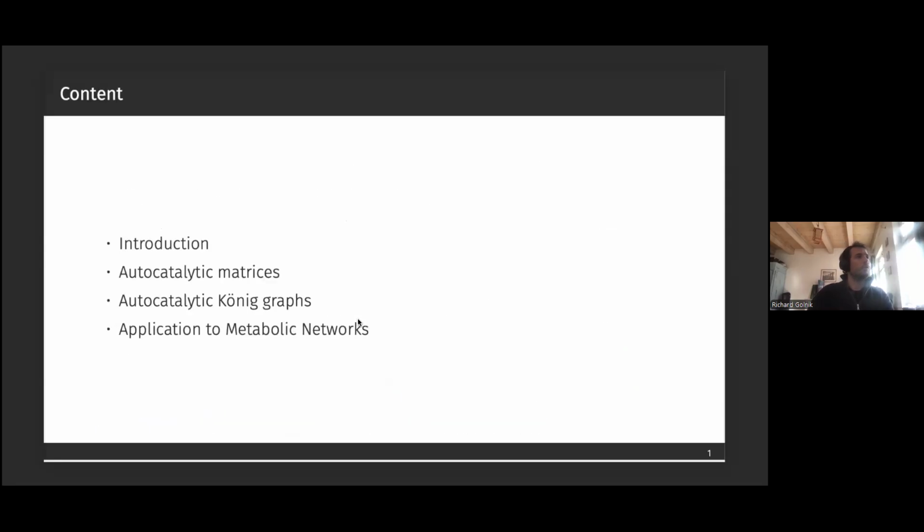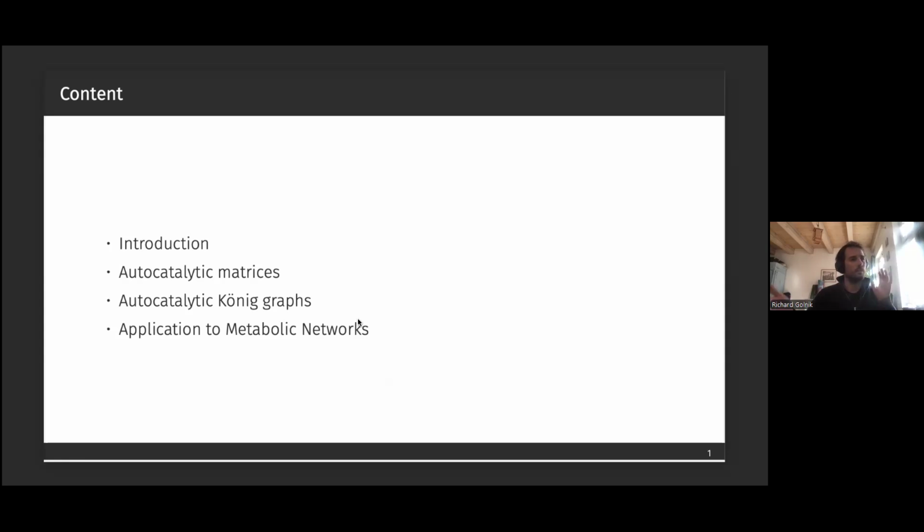And to give you a small overview of what I'm going to talk about. So first of all, I'm giving a slight introduction to what is autocatalysis in general. And then I'm going to talk about two representations of autocatalysis, which are autocatalytic matrices, and then how these matrices can be translated into the directed bipartite Koenig graph representation.